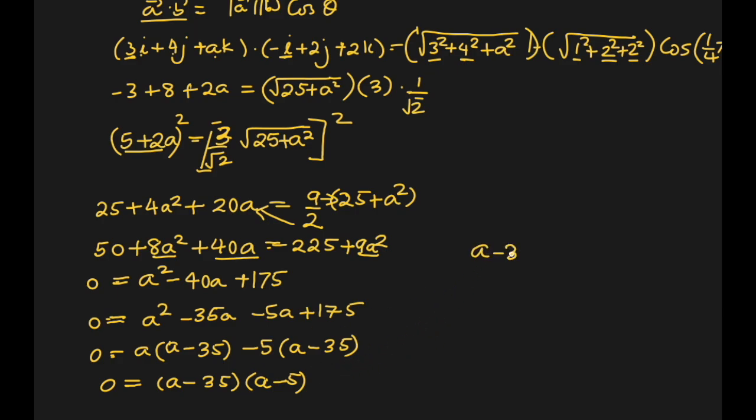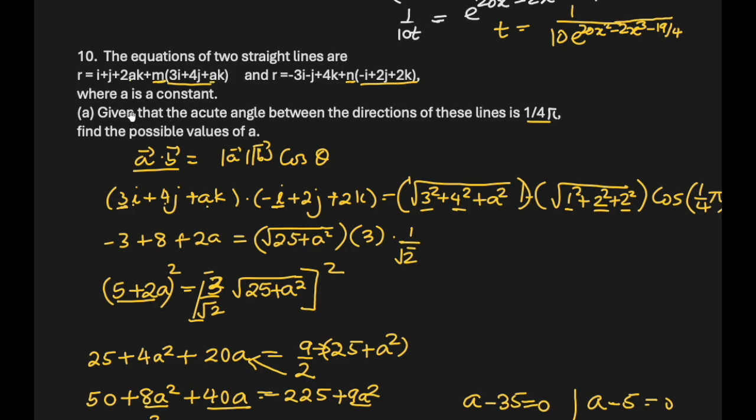Either a minus 35 is equal to 0 or a minus 5 equal to 0. So a equal to 35 or a equal to 5. These are the two possible values of a. Okay, find the possible values of a.